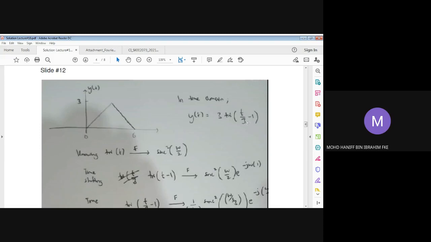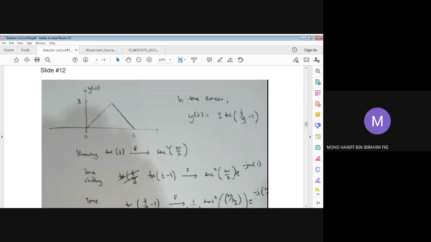Those properties that have been learned so far will be applied in this example. What I did here is start with the shifting of time. I can also start with the linearity, which is 3, just mathematics, and that should be okay, no problem.